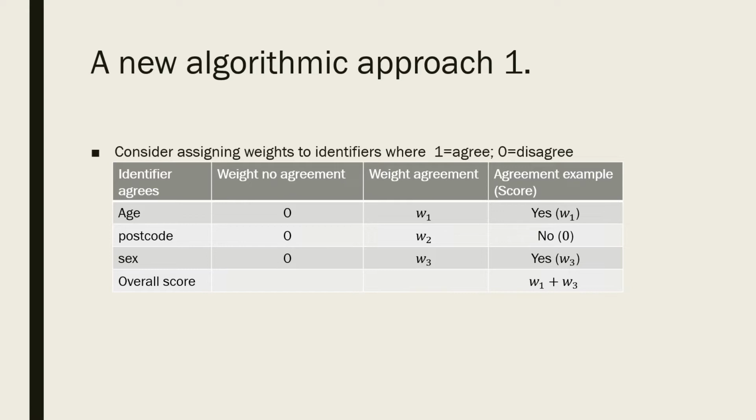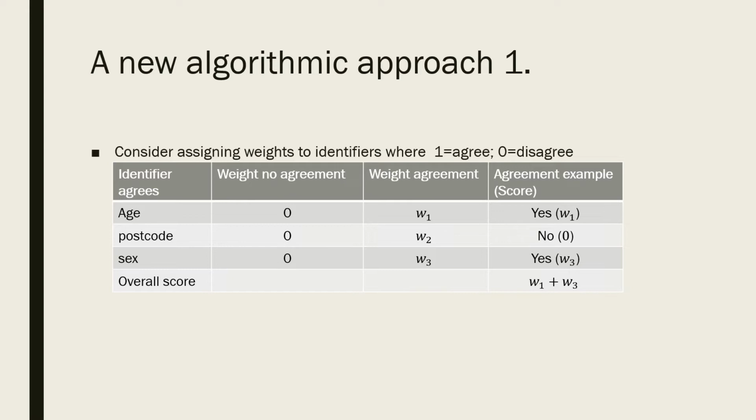So, for example, in that last column, a pair that agrees on age, does not agree on postcode, agrees on sex, will be given an overall score of W1 plus 0 plus W3.